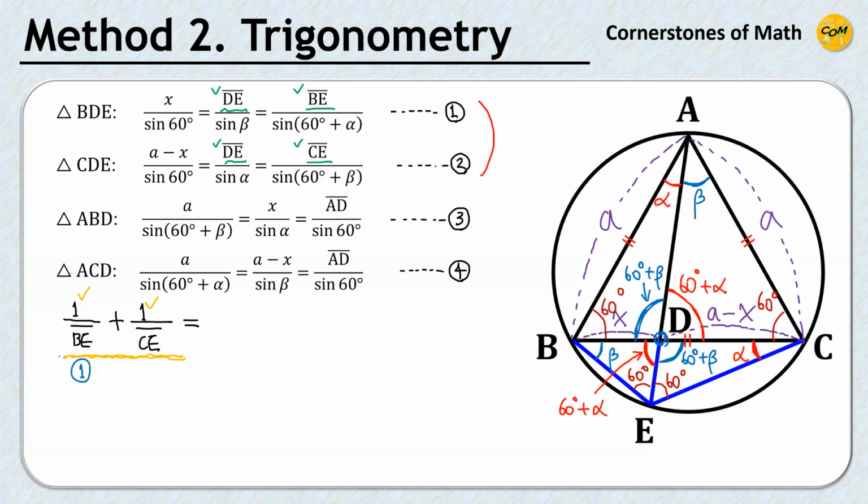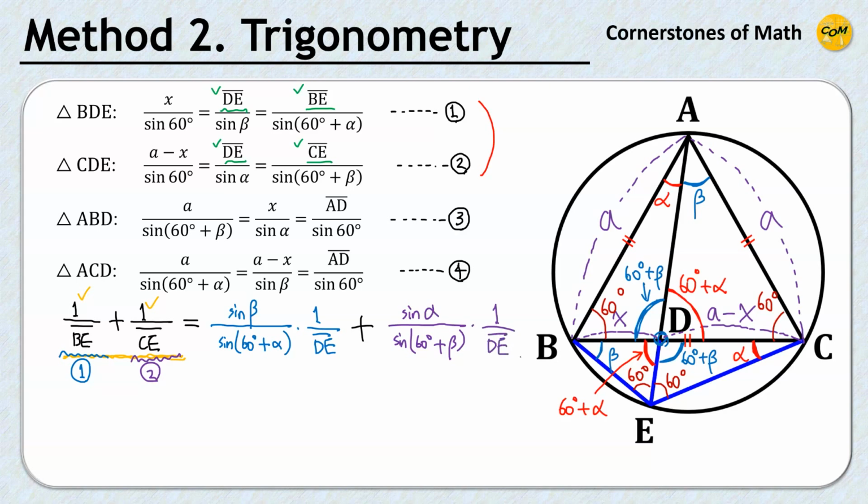From equation 1, 1 over BE is equal to sine beta over sine of 60 degrees plus alpha times 1 over DE. And from equation 2, 1 over CE is equal to sine alpha over sine of 60 degrees plus beta times 1 over DE. So we have sine beta over sine of 60 degrees plus alpha, plus sine alpha over sine of 60 degrees plus beta, times 1 over DE.